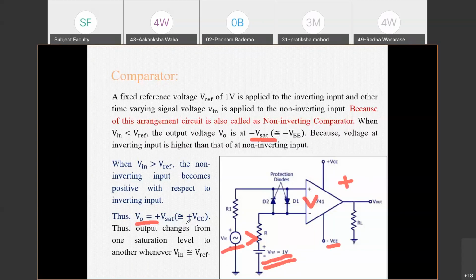In this case, it will be plus VCC. Just two operations you should remember: what will happen when V in is less than V reference and what will happen when V in is greater than V reference. Does the output change from one saturation level to another when V in is approximately equal to V reference? This point will be clear to you in the waveform.